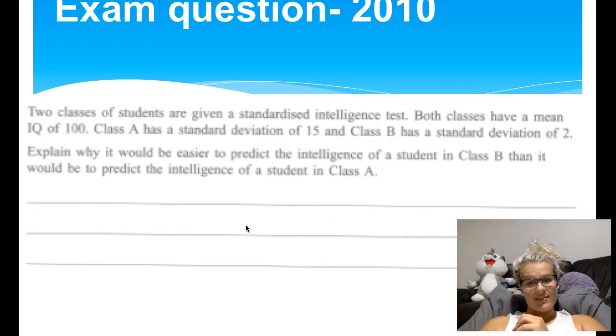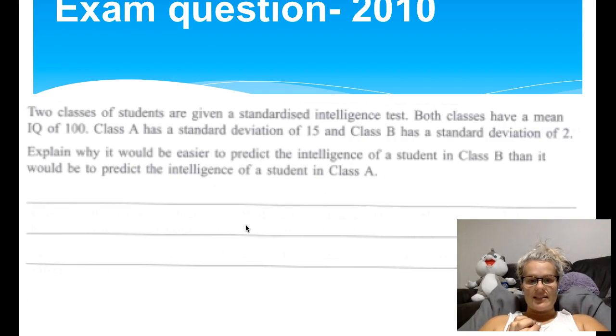Here is a different kind of question. Two classes of students are given a standardized intelligence test. Both classes have a mean IQ of 100. Class A has a standard deviation of 15 and Class B has a standard deviation of 2.